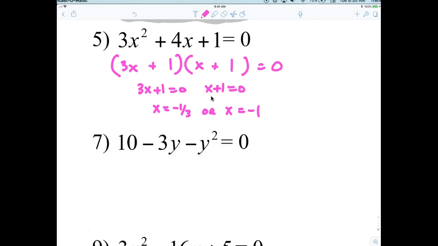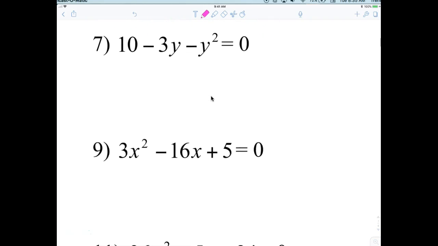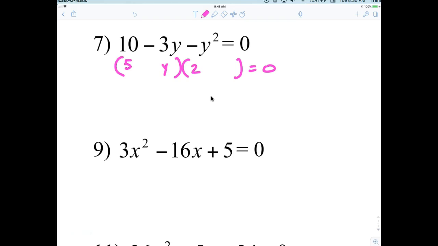So now, number 7 is a little bit more difficult because the y squared is not in front, but it is negative. Not too bad. So here we go, 2 sets of parentheses. Factors of 10 that make 3. Good job. And then I want y.